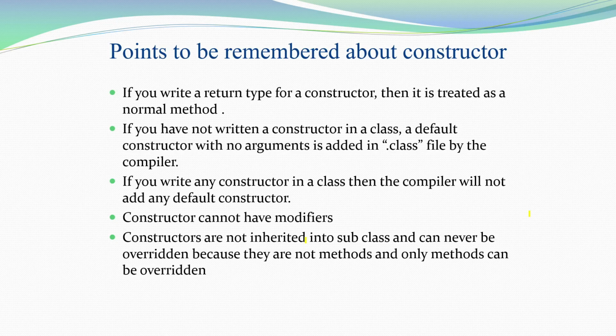If you want to use the functionality of a superclass constructor in a subclass, we have to go for constructor chaining, not overriding, as overriding is not supported for constructors. That's all about the theoretical part of constructors that I have covered, and we will understand it with an example.